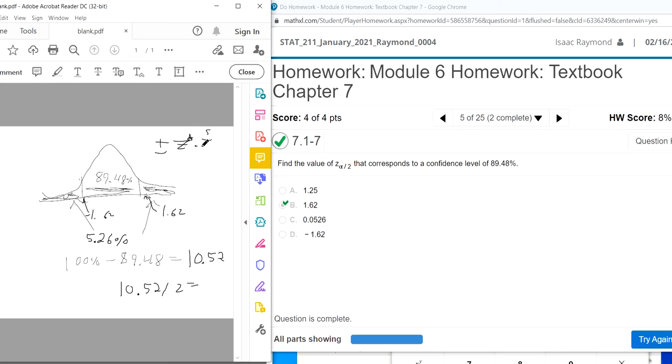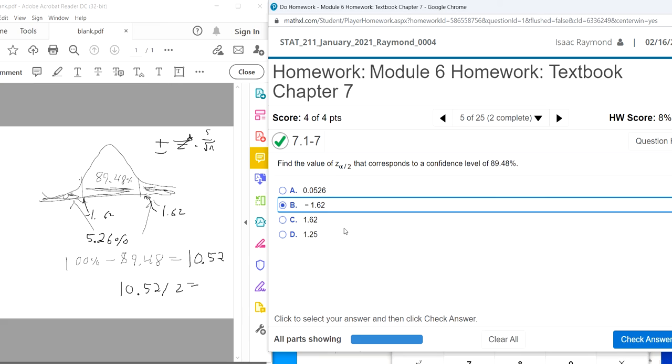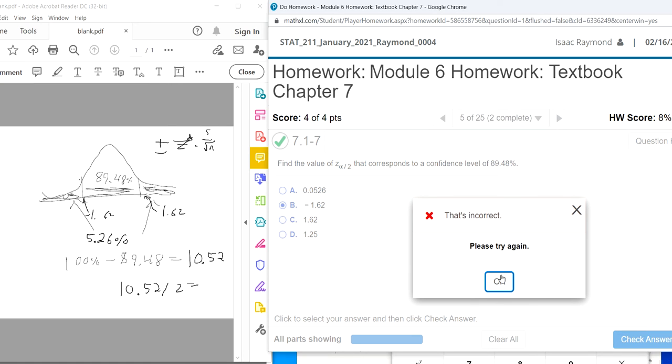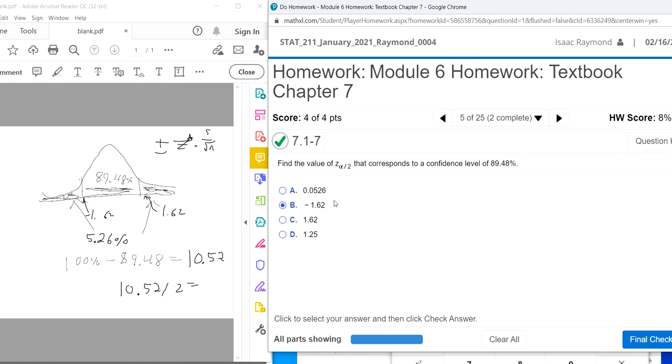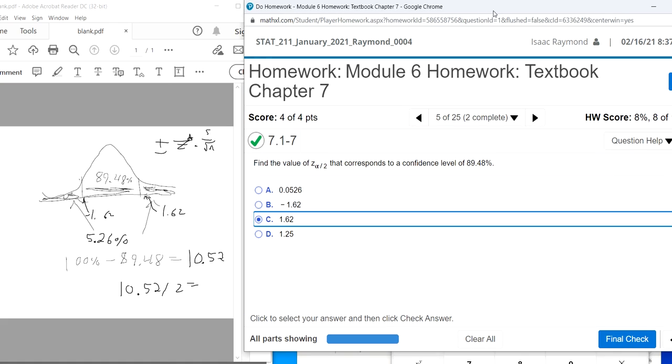If it's a mean, it's standard deviation divided by the square root of n. If this is negative, well, it's a plus or minus symbol. You just swap the order and it still does the same thing. So that's interesting. I wonder if I try this problem again. If I enter this negative value, it doesn't like it. But I think they might be wrong here. I think the positive is fine, so I might write something to MyMathLab here.